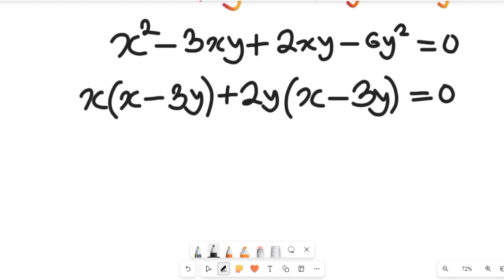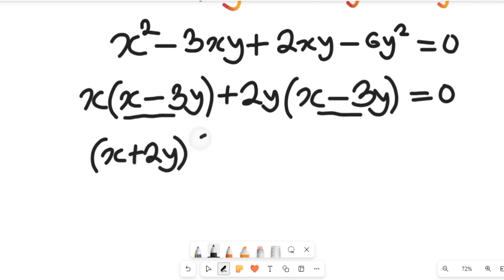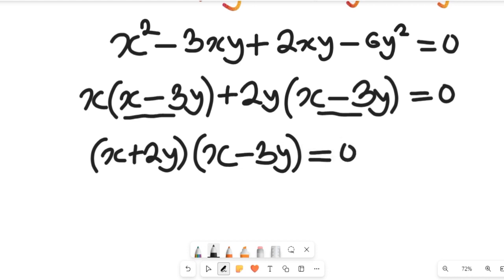Great. Now, do you notice that we have this and this as a common term? That is exactly what factorization means. So we're going to bring out x plus 2y, which is the outer part of this equation, and then we'll bring out one of those common terms. Great. That is x minus 3y, and both will be equal to 0.